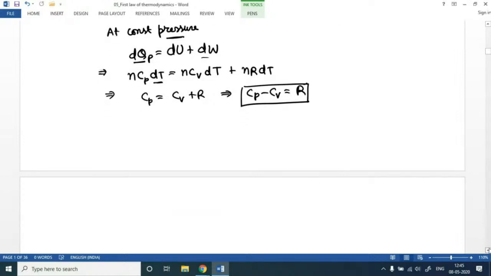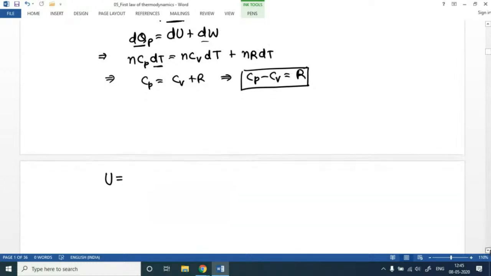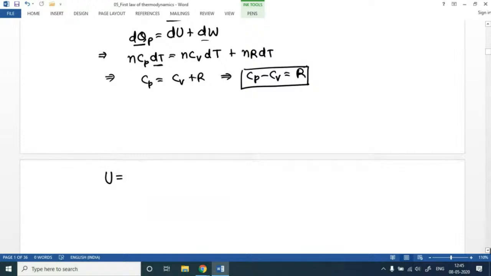Also we know from kinetic theory of gases that the internal energy for an ideal gas will have only the total kinetic energy of the gas, and there would be no interaction between the molecules. So the potential energy of the gas will be equal to 0. And we learned that it would be n times fR by 2 times T. Here f is the degree of freedom.